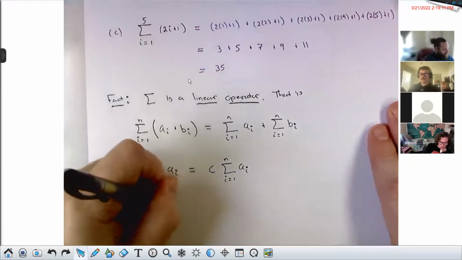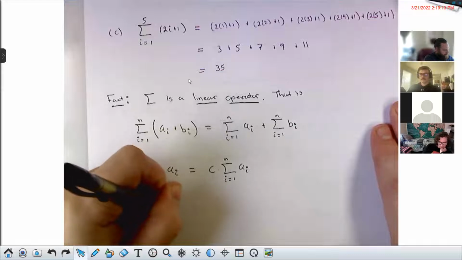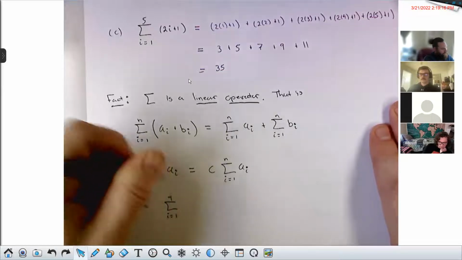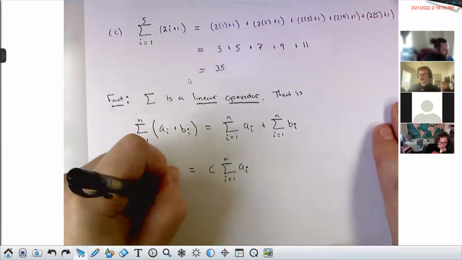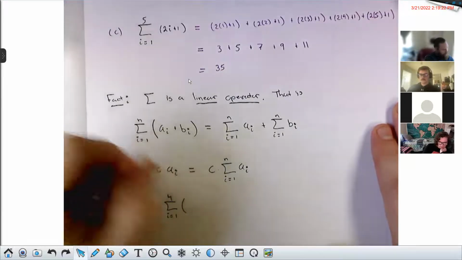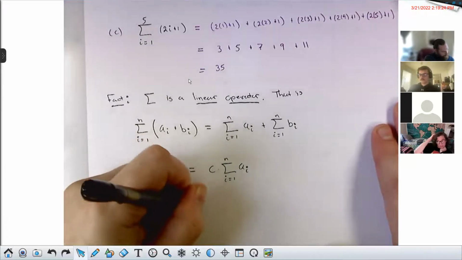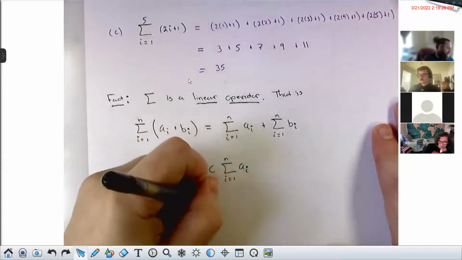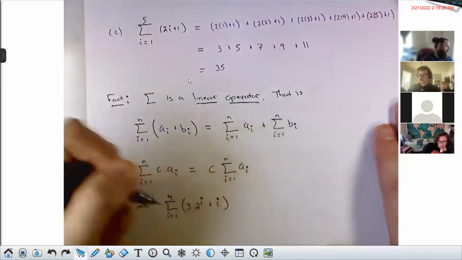Maybe I'd like to compute sigma i from 1 to 4 of, how about, 3 times 2 to the i plus i.